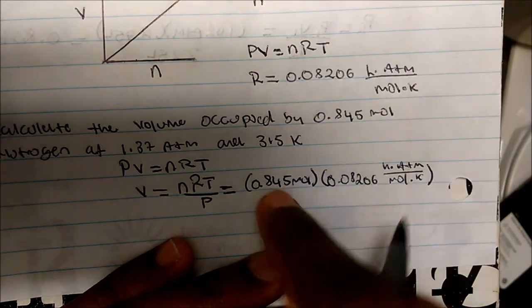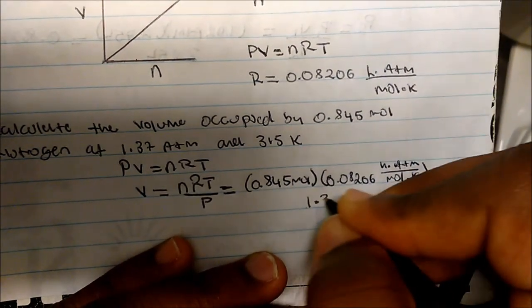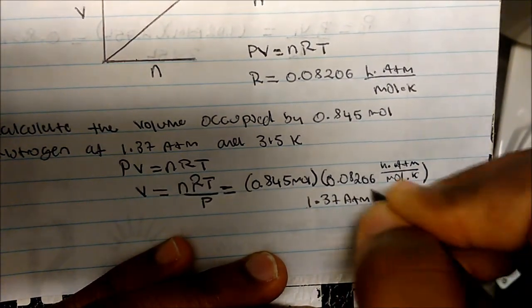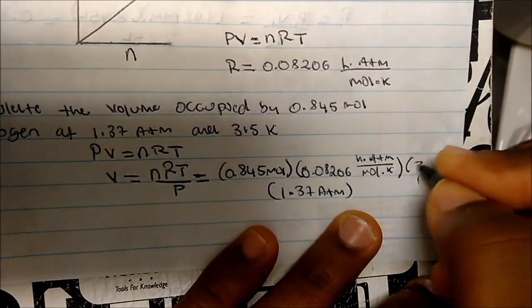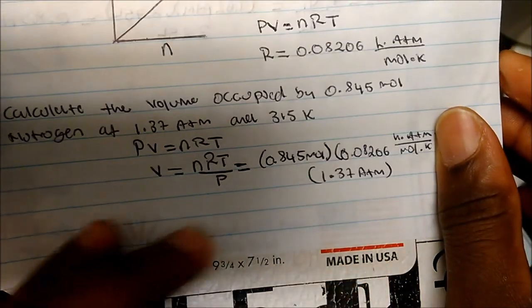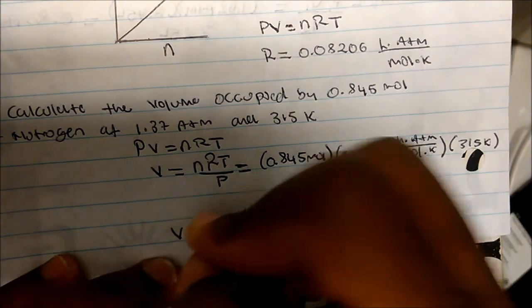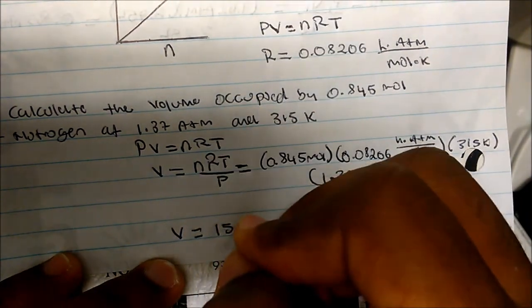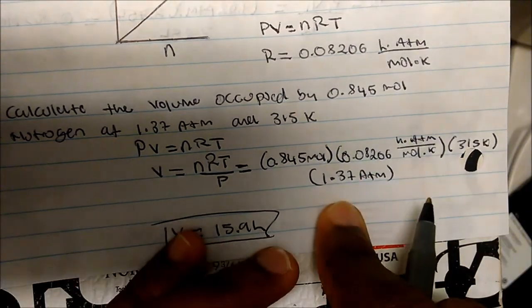The pressure is 1.37 atm. And the last thing I need to plug in is my kelvins, so 315 kelvins. Now we're solving for volume, and so when I plug this all into my calculator, I should get about 15.9 liters.